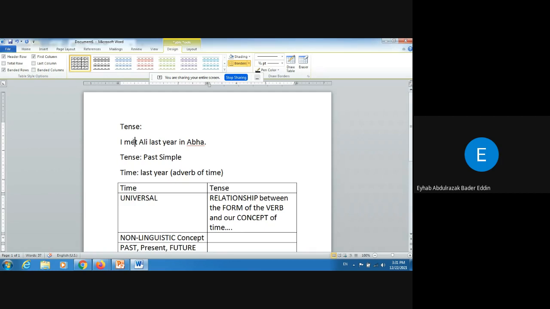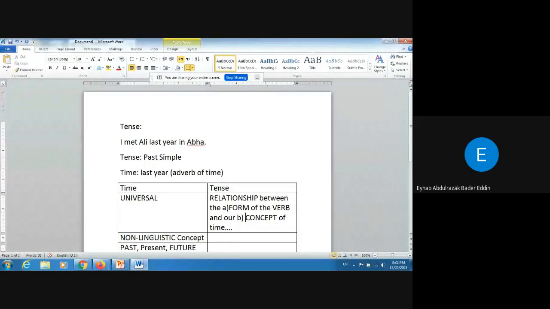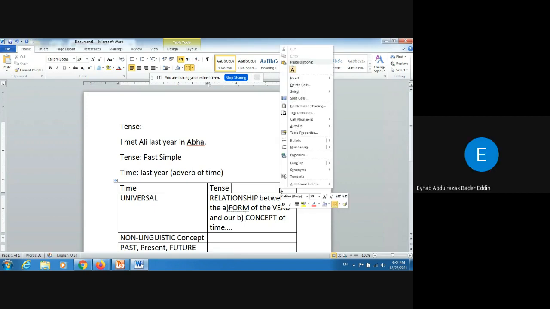So tense is not an independent concept, because it has to take into account both the form of the verb, this is one, and the concept of time. Is it clear now? Yes. Okay.